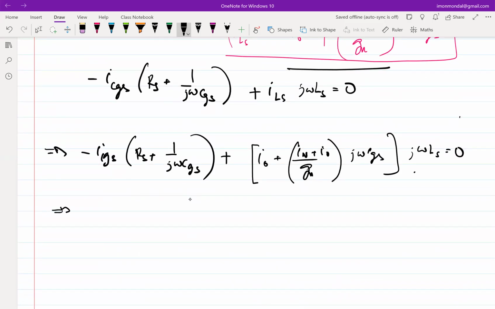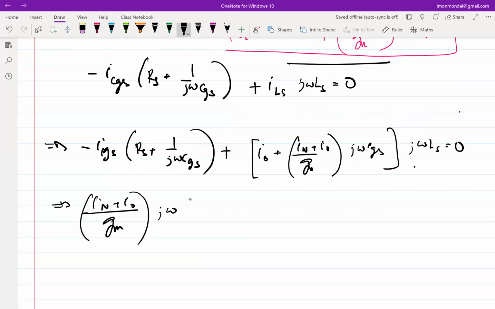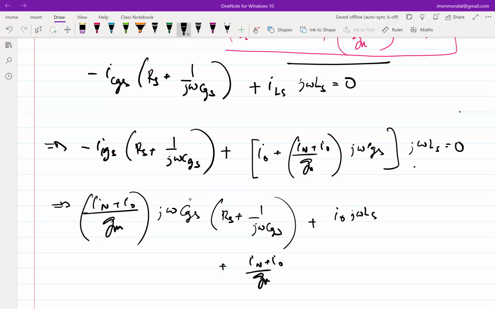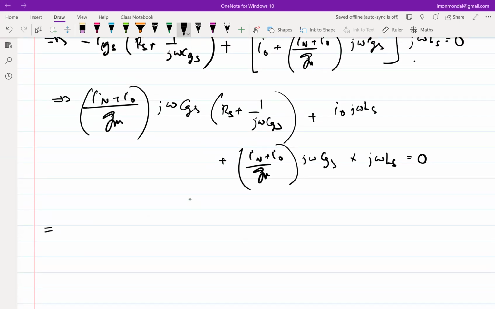So negative become positive. So IN plus I naught by GM times J omega CGS times RS plus 1 by J omega CGS plus I naught J omega LS plus IN plus I naught over GM J omega CGS times J omega LS is equal to 0. Right? I hope you are following the algebra, right? Okay. Because I am not trusting my algebra now.